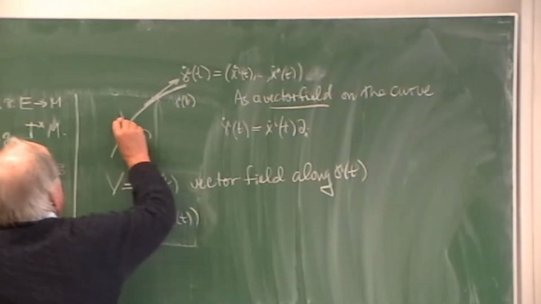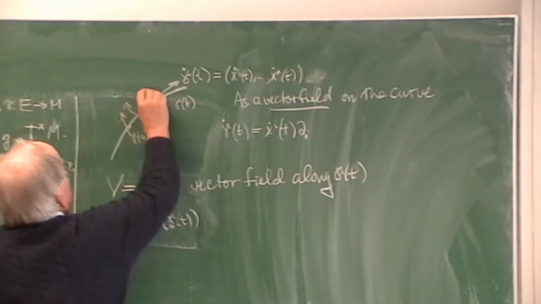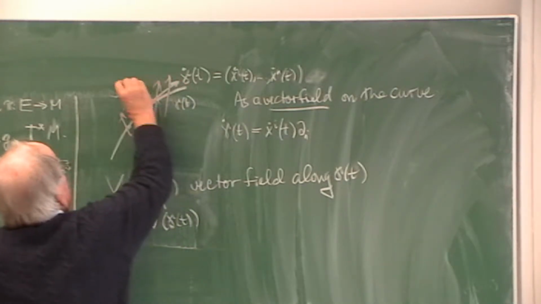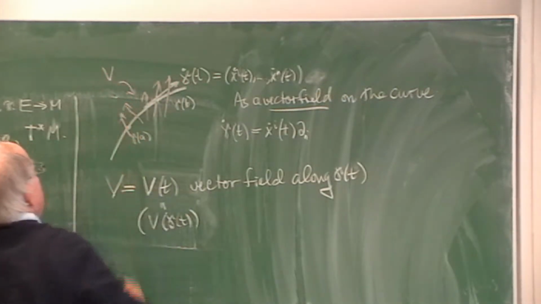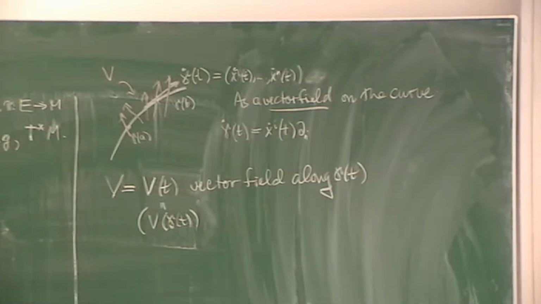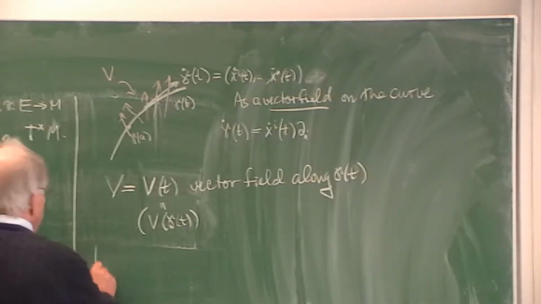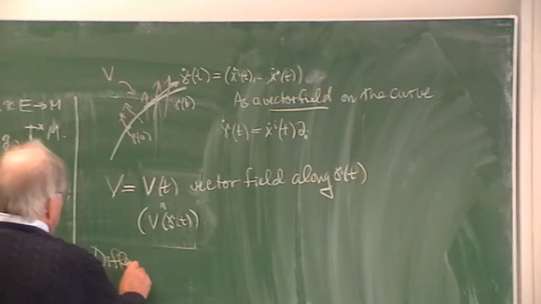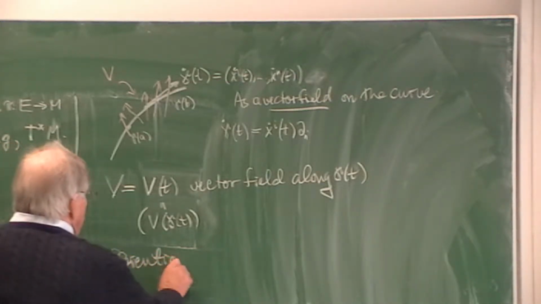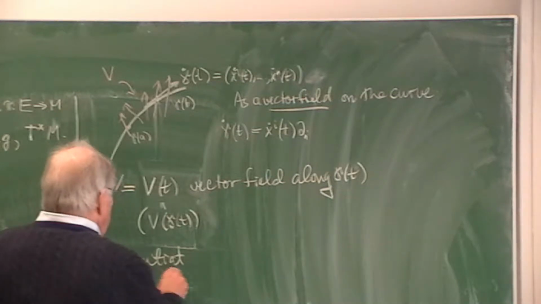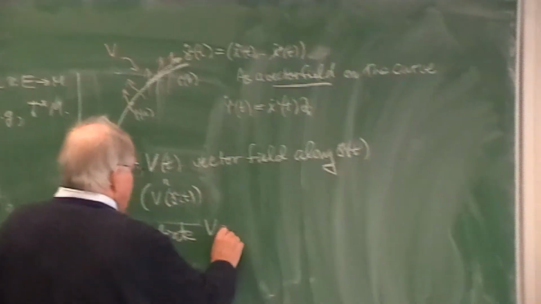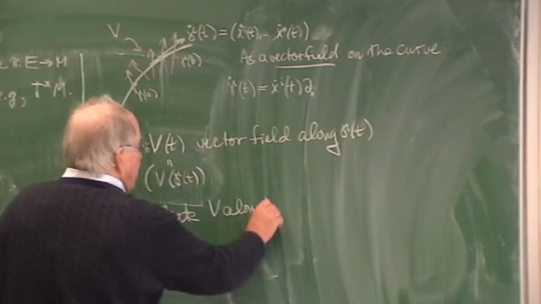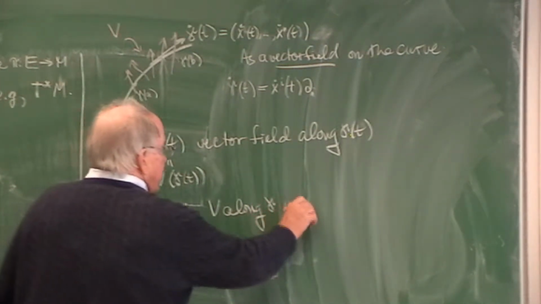Maybe it starts out like this and it's changing along the curve. I don't know, something like this. So this is the vector field V along the curve. And now we can differentiate that vector field along the curve. That's the whole point of this thing, or one of the main points of this thing. So we differentiate V along gamma using the connection.